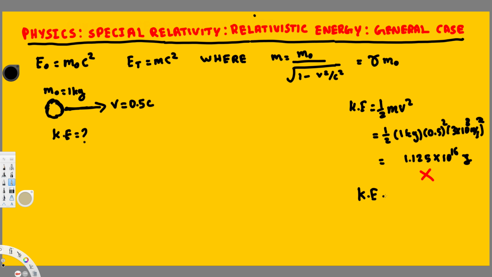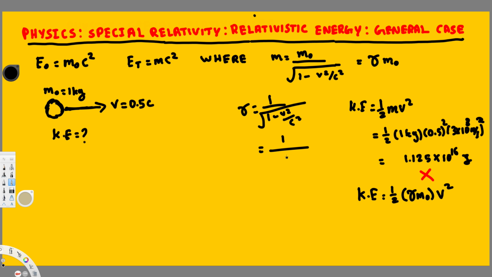So kinetic energy is going to be half times, instead of m you plug in gamma m naught, times v squared, right? So here we have to calculate gamma first. Gamma is 1 over the square root of 1 minus v squared over c squared.